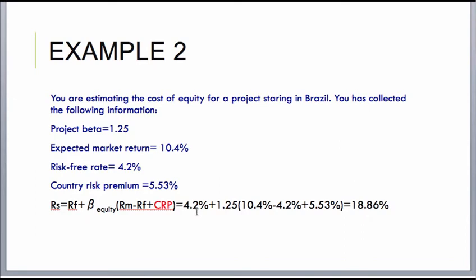The risk-free rate is 4.2%, and beta equity is our project beta, 1.25, times the expected market return minus the risk-free rate, and the country risk premium is given as 5.53%. You can get the cost of equity of the project in Brazil is 18.86%. Once you know the formula and how to apply the numbers, it should be very straightforward, right?